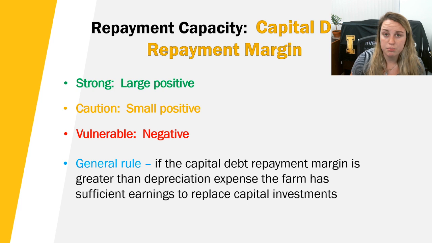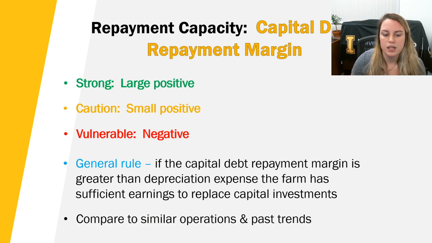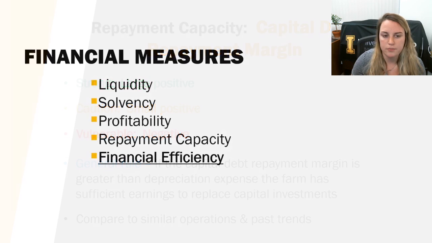And that's really important to be able to replace those tractors as you need to. So make sure that your capital debt repayment margin is looking good so that can help you in the future. You can compare to similar operations and past trends for a benchmark if you're interested.